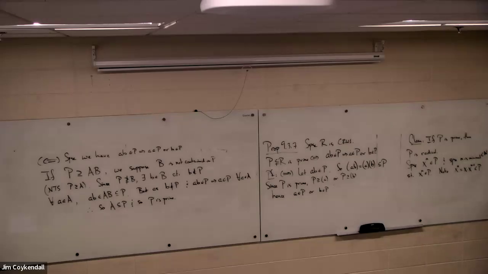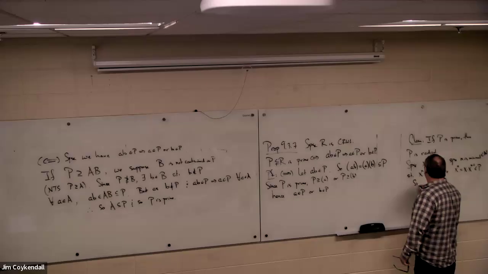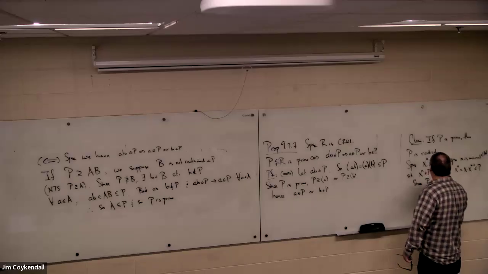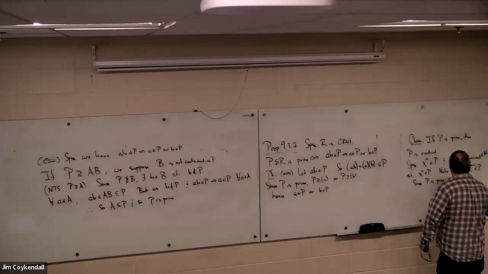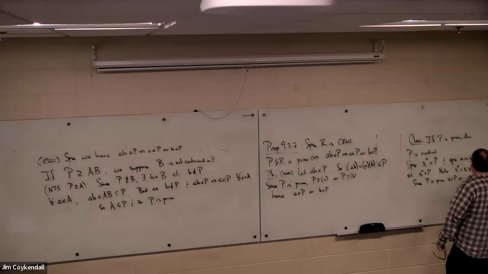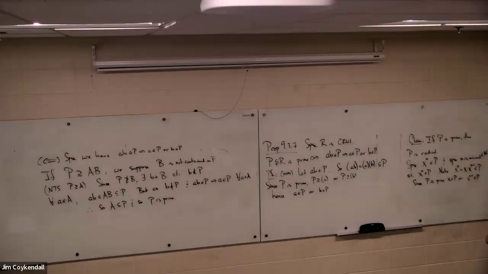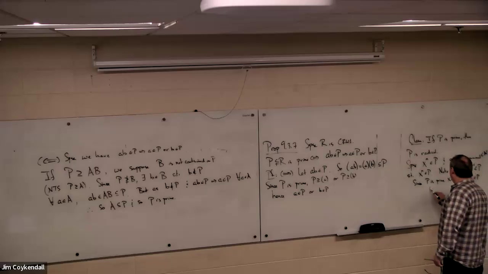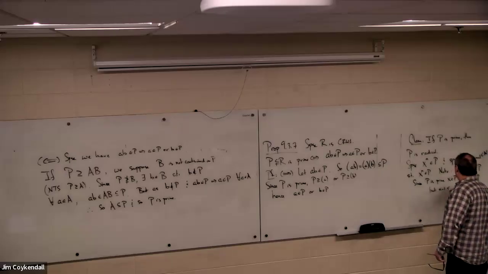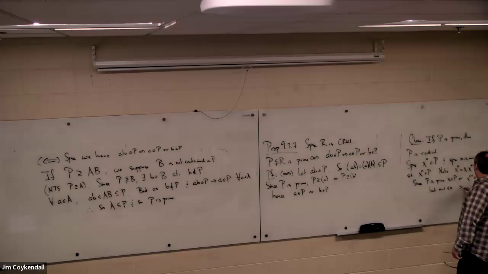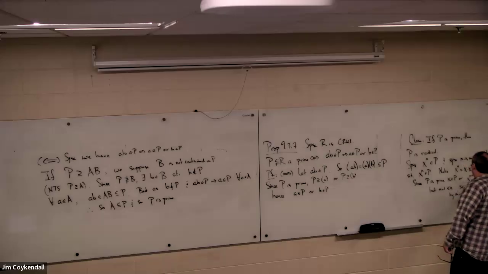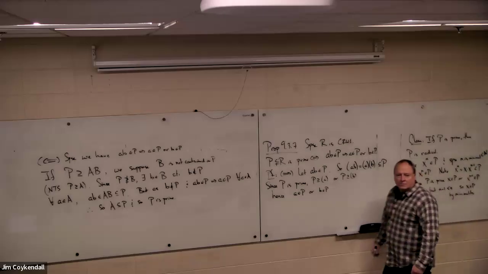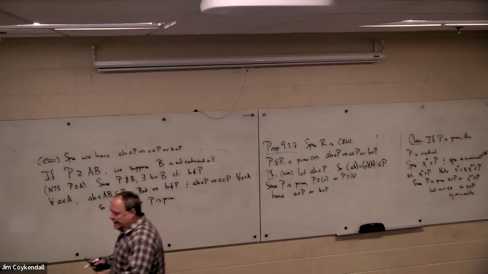Since P is prime, x is in P or x to the n minus 1 is in P. But n minus 1 is less than n. So x is in P by minimality. So, right. Okay, any questions on that?